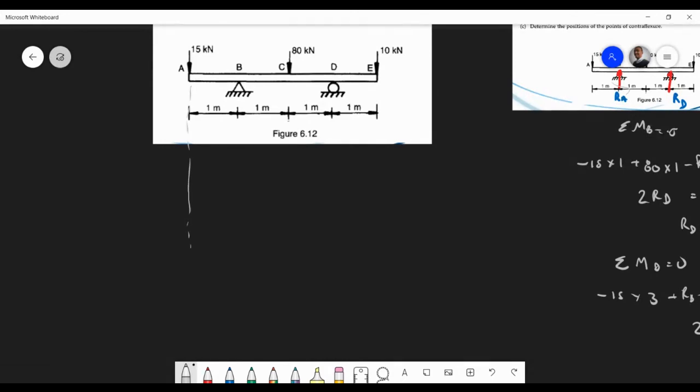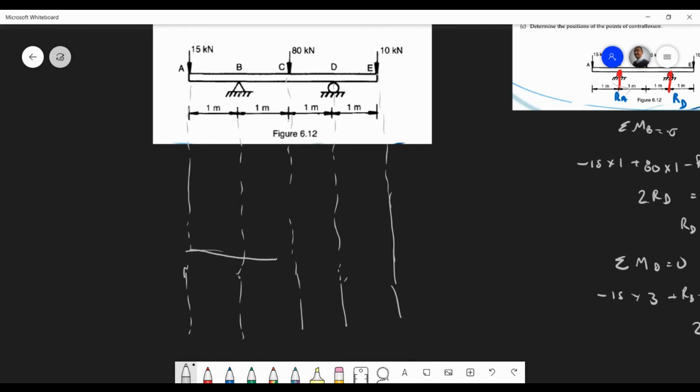I'll just draw these lines. We want to draw lines in line with A, B, C and D, and you'll see why. This is the approach. I'm making a solid line, and at some point I'm going to keep going down and make a perfectly straight line. This will be your 0 point here.